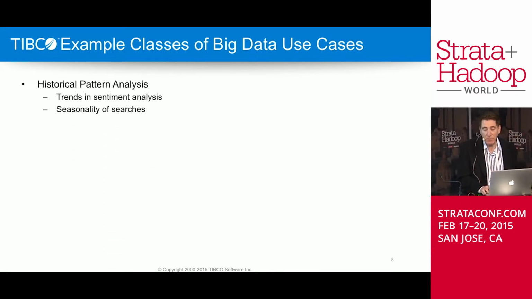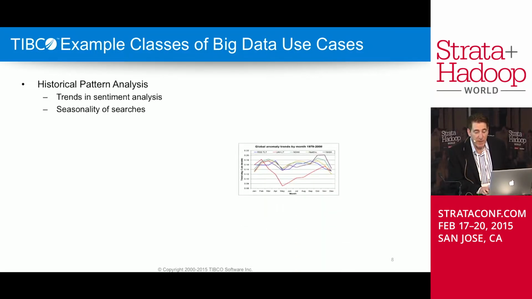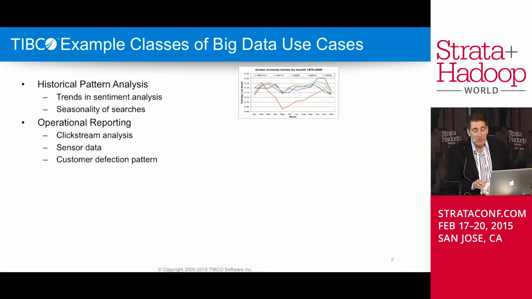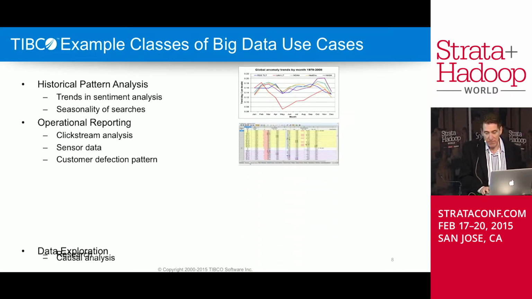So here are some example classes of big data use cases. Customers are using big data for things like historical pattern analysis to find trends in sentiment analysis or seasonality of searches. Another use case is operational reporting to look at things like clickstream analysis, sensor data, customer defection patterns, and so forth.